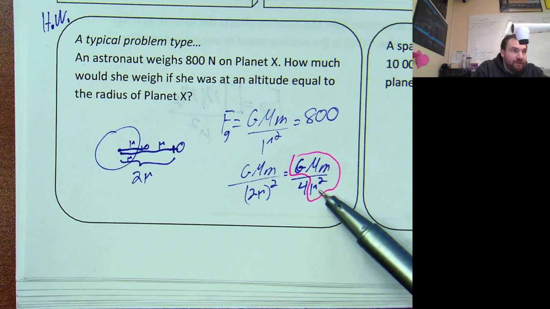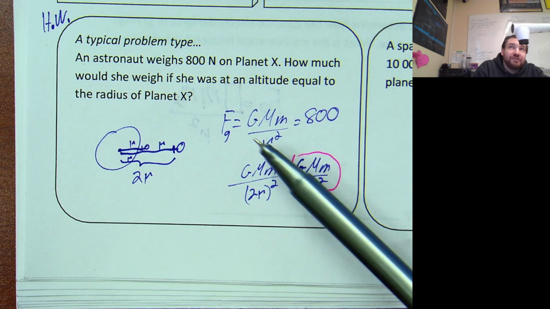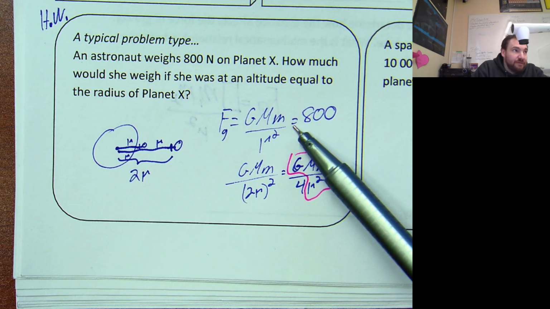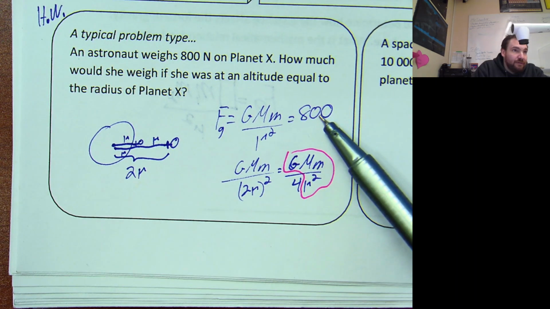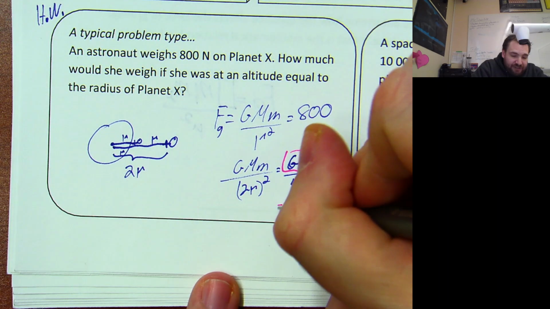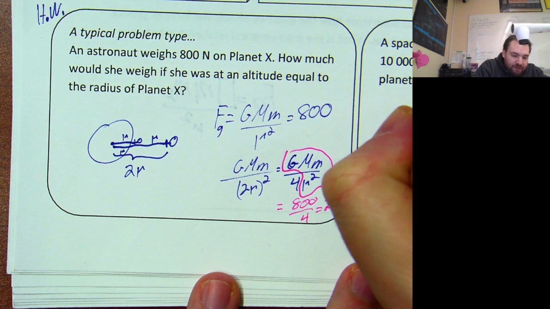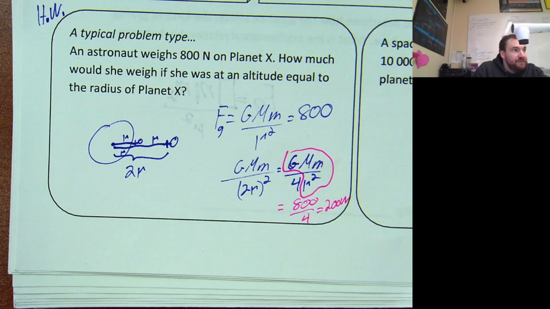GMm over r squared equals 800, yes? You see how I'm rationalizing that? So then this is going to equal 800 over 4, which is 200. So her weight is going to be 200 newtons.